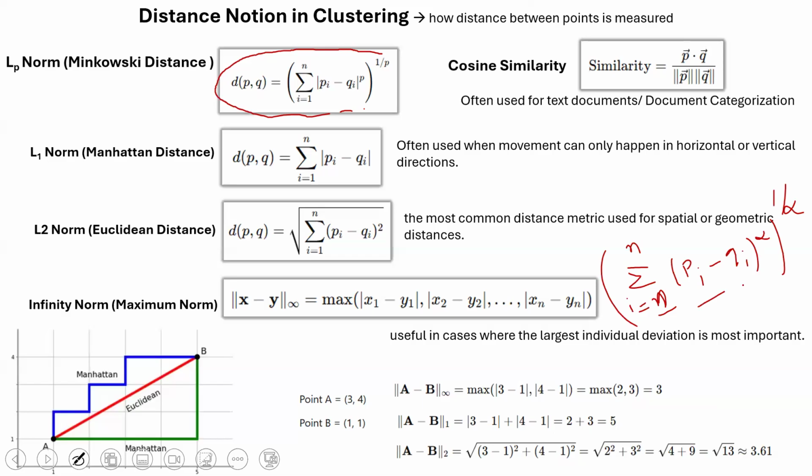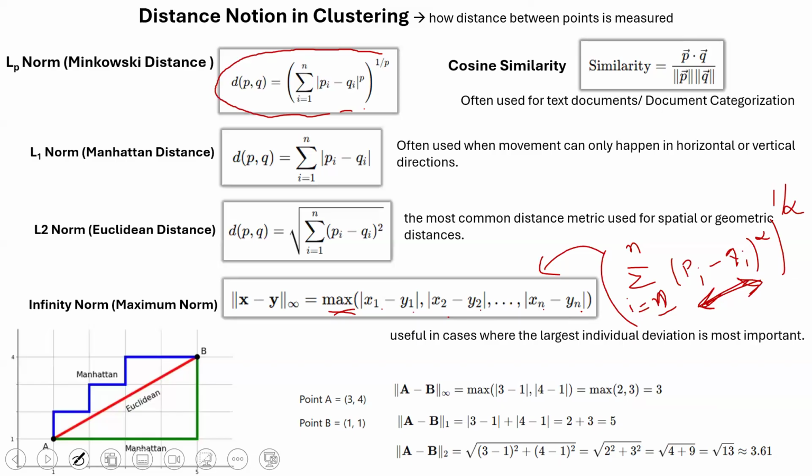When you solve this limit equation, you will come up with this formula: the infinite norm is nothing but the maximum of |x1 minus y1|, |x2 minus y2|, up to |xn minus yn|. So it is just the maximum of the distances measured between two different points across all the points that are given to you.